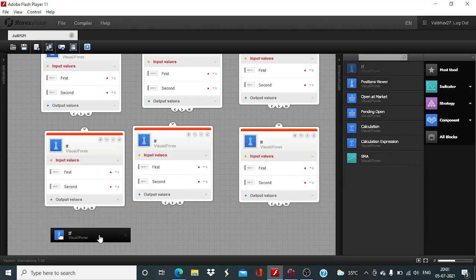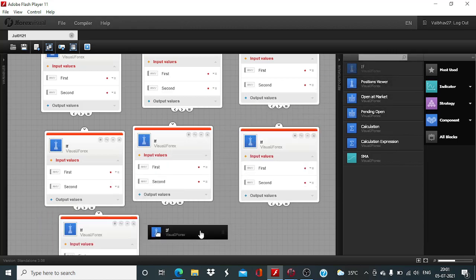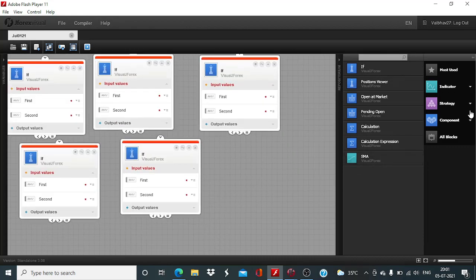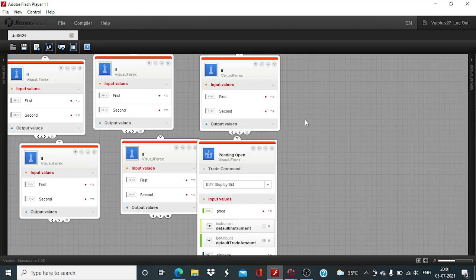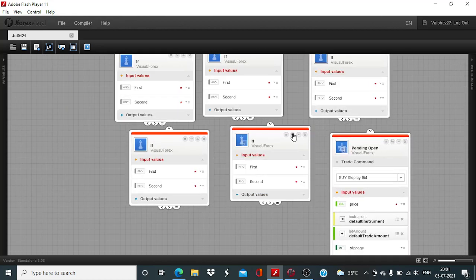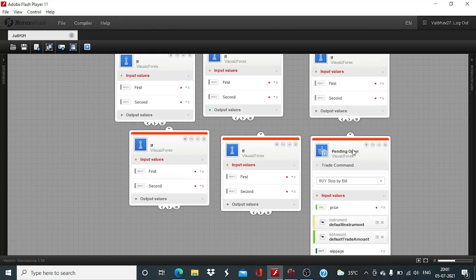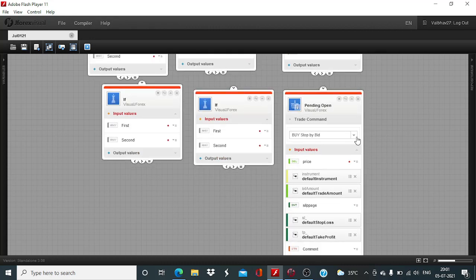So this time around the same number of if blocks will have to be used, and after that it will be the turn of the trade command block, which is going to be a pending open order. We will be placing the order above the current price. That means it will be a sell limit order.